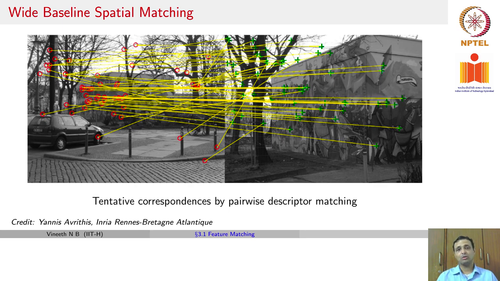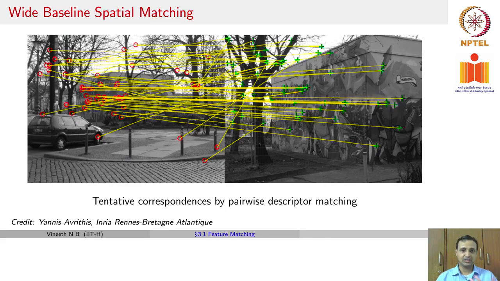Clearly, when there is a lot of change between two images, it's not necessary that every key point will match with some key point on the other. In this particular case, you can see that the car does not even exist in the second image. So any key points on the car would not have an equivalent match on the second image, which is perfectly fine with us.